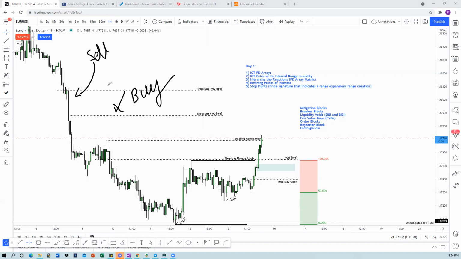So a liquidity void is an absence of one side of delivery, illustrated via a displacement in price.